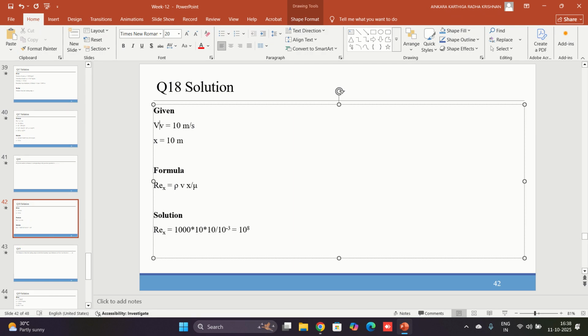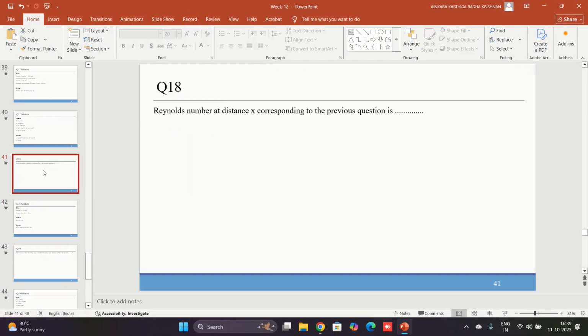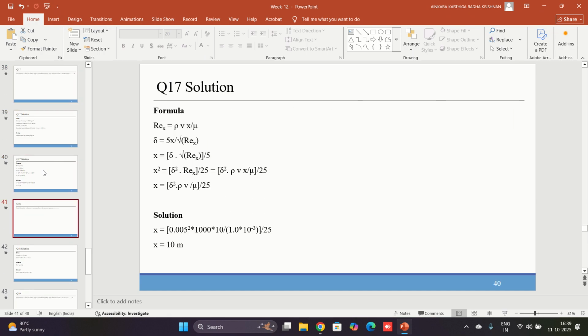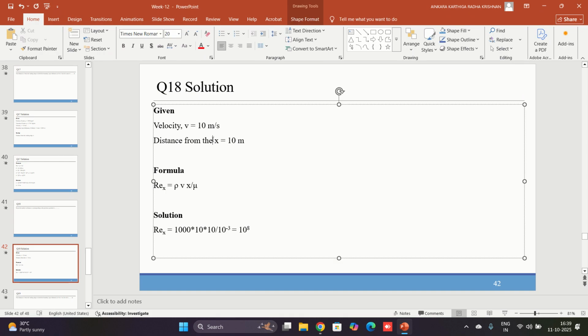Velocity is given as 10 meters per second, and the distance from the leading edge x is 10 meters, calculated in the previous problem, question 17.